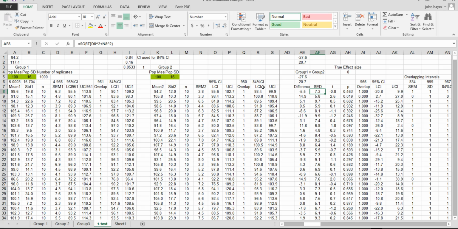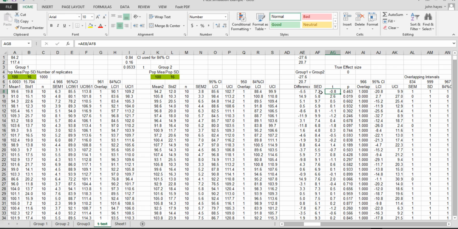You can do all sorts of things to find if they are significantly different. In this case, the t here is the difference AE divided by the standard error of the differences. And so the value is minus 0.8.